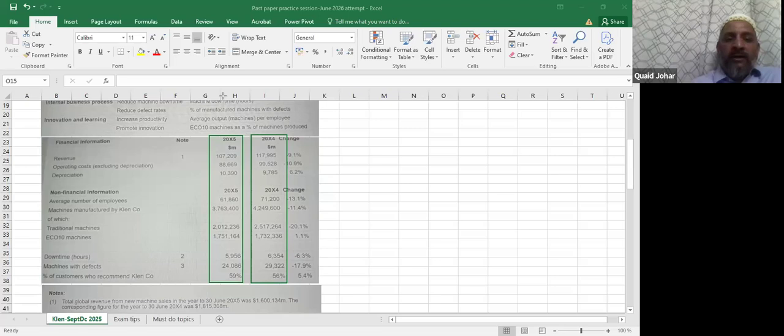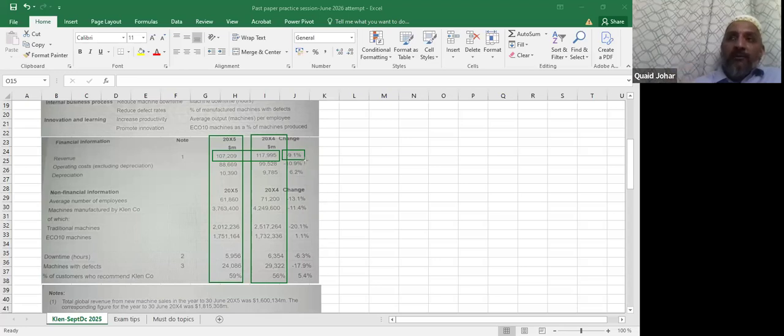If you look over here, the sales, the revenues in 2005 is lower than 2004. It is lower by how much? It is minus 9.1%. So the company has lost some sales. The sales has reduced in 2005. So this basically looks like a bad performance, but not necessarily. It should be compared with something else as well, like what's happening in the industry, what's happening globally.